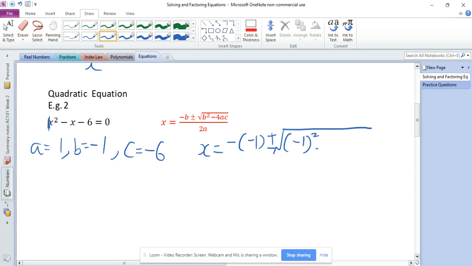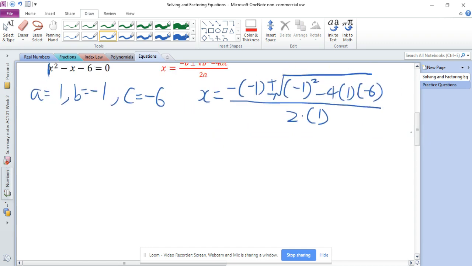Plus or minus the square root of b squared, take away 4, a is 1, c is minus 6, divide the whole thing by 2 times a, which is 1. So you see, every time I put a, b, or c, I put a bracket, because some of the numbers are negative, to avoid the negative positive problem.